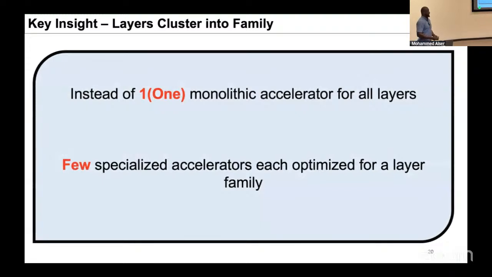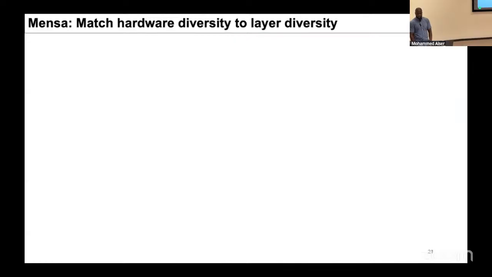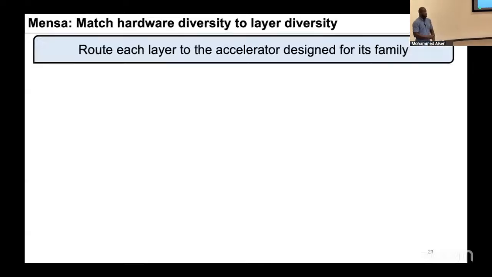So the idea is, instead of creating one monolithic accelerator to handle these different types of workloads, with LSTMs, transducers, and CNN layers, why not design a few accelerators that cater to specific families, to what each family is good at or wants to do? This is the core idea behind Mensa.